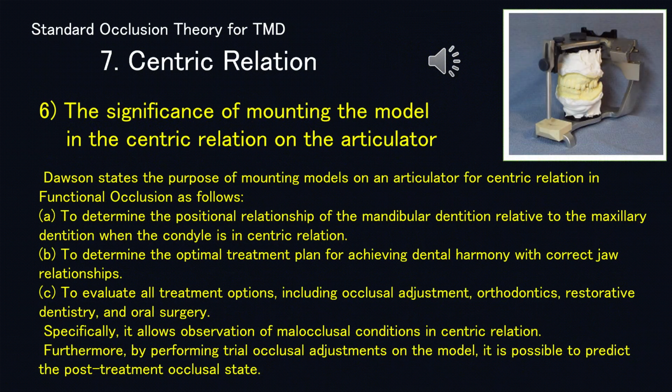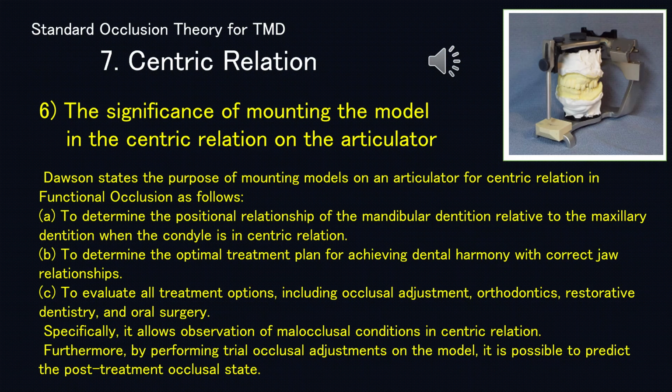6. The significance of mounting the model in the centric relation on the articulator. Dawson states the purpose of mounting models on an articulator for centric relation in functional occlusion as follows. A. To determine the positional relationship of the mandibular dentition relative to the maxillary dentition when the condyle is in centric relation.